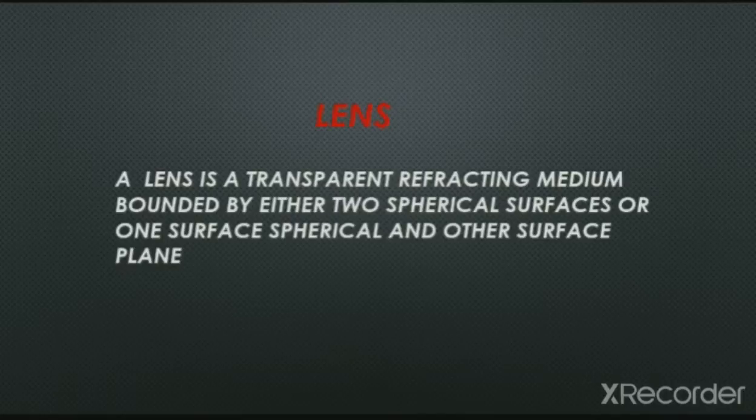There is no scientific connection between that and what we are doing here, using the lens for seeing objects. The name is given only because of the shape of the pulse. If you see a convex lens, its shape is almost similar to a pulse. Because of that, this is the name used, lens.